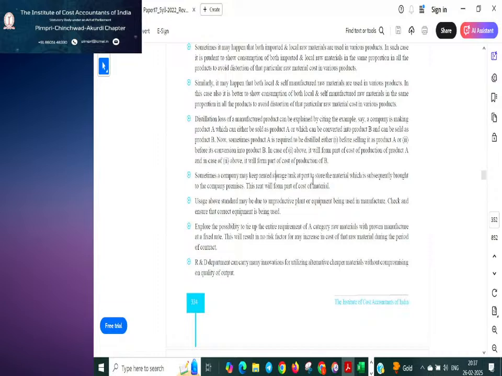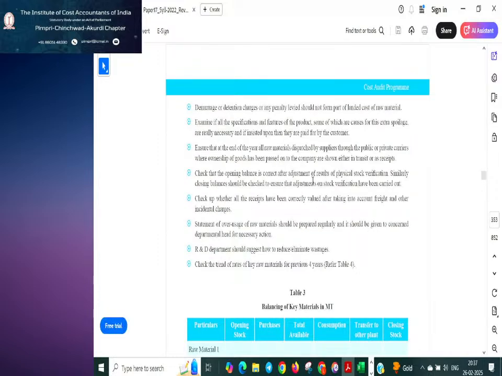That is why we go through each and every point of it. Got it? So, demurrage or detention charges or any penalty levied should not form part of the landed cost of raw material. From here they have picked up the question whether this will be included or not.